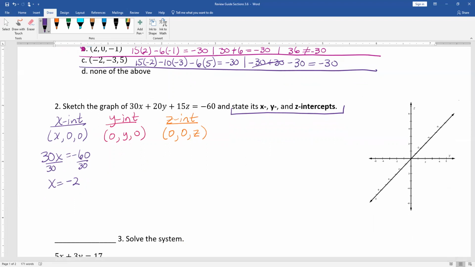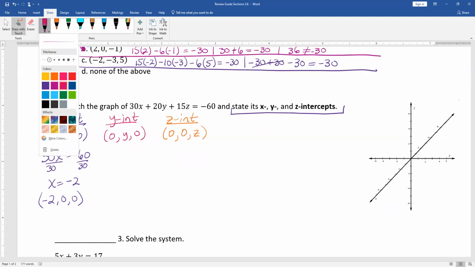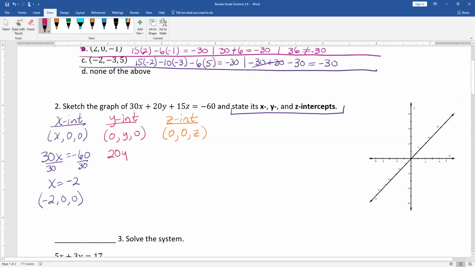So the x-intercept is negative 2, 0, 0. Y-intercept, okay, I'm going to use my y term. So this is 20y. I'm just going to try to stay consistent. 20y equals negative 60. I divide both sides by 20, and I get y equals negative 3. And so my y-intercept falls at 0, negative 3, 0.